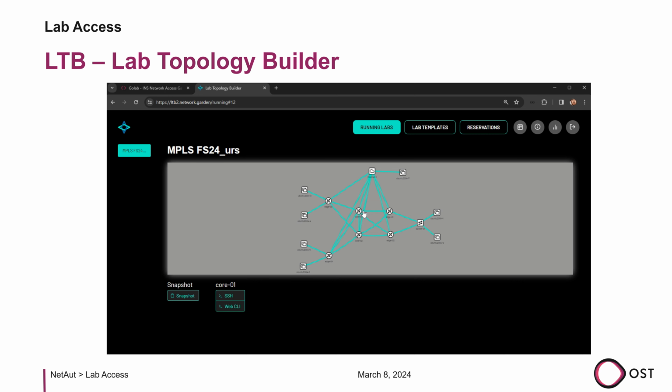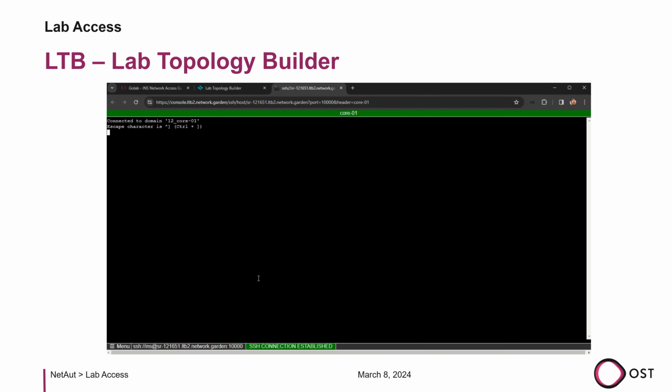If we go to a device here, we open the web CLI, we're on a router, enable, you can say show ip vrf for example.